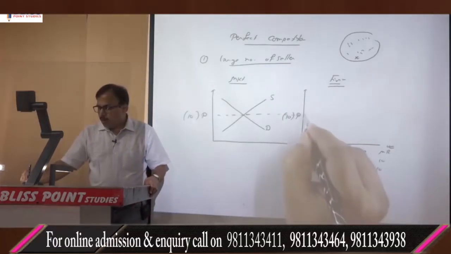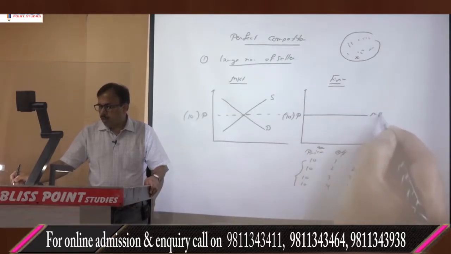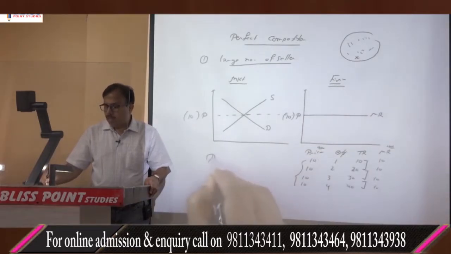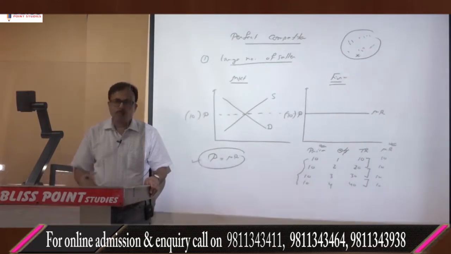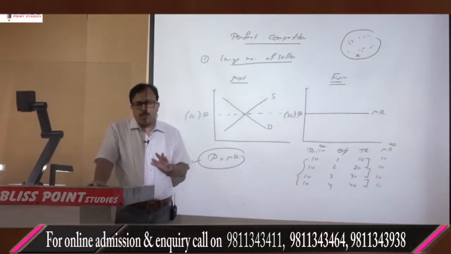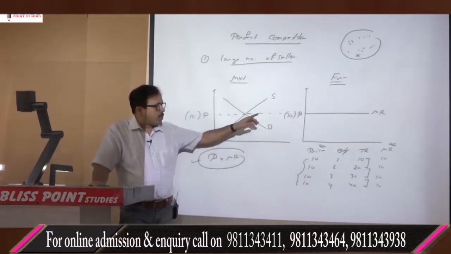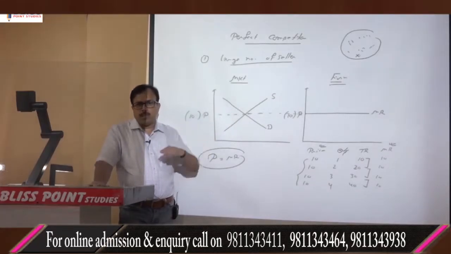So whatever the price, that price will also be equal to marginal revenue. So price equal to marginal revenue होता है, just remember that point. Under perfect competition, price is equal to marginal revenue. So for a single firm, when you draw the line, it will be horizontal. So price will remain the same.